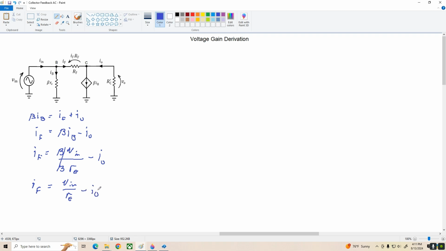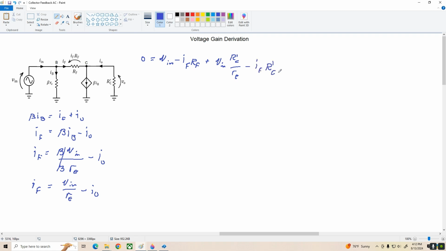All right, now I'm going to use some work from our previous derivation to save some steps here. And in particular, on the previous page, we have the following KVL equation. 0 equals Vn minus I sub F times Rf plus Vn times R prime c over little re minus I sub F times R prime c.